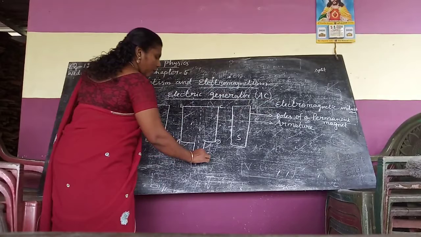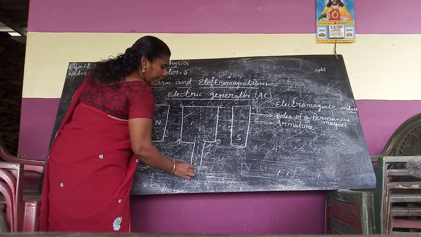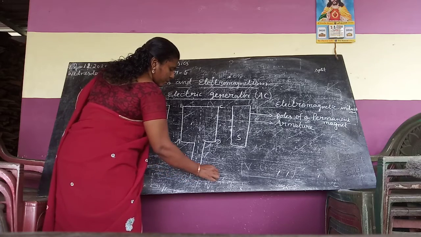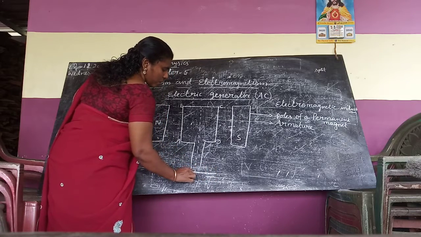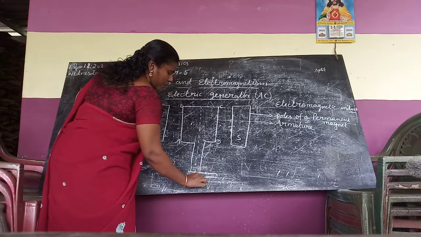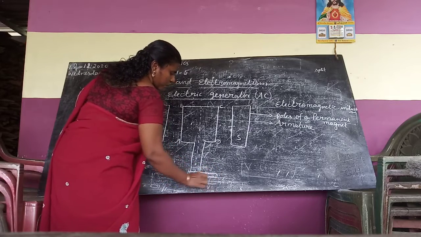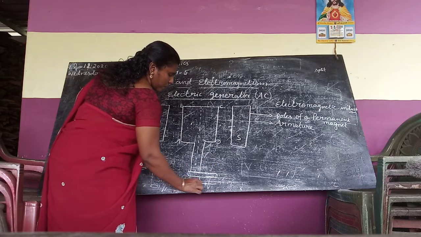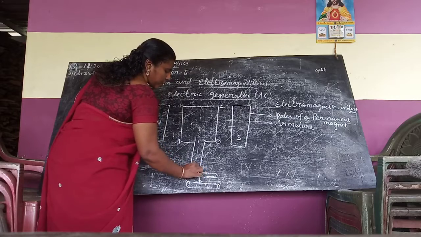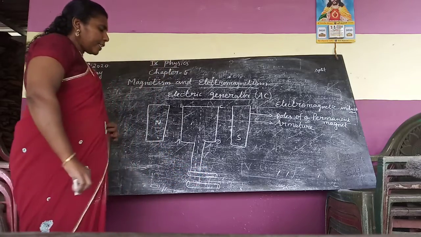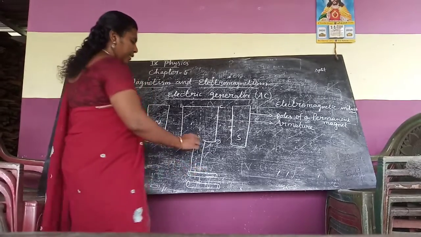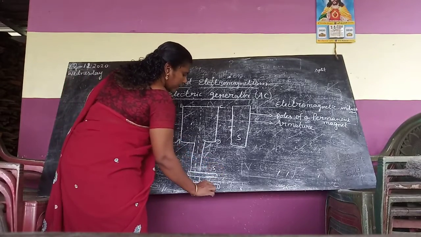Now at the ends of this coil, slip rings are attached, that is S1 and S2.